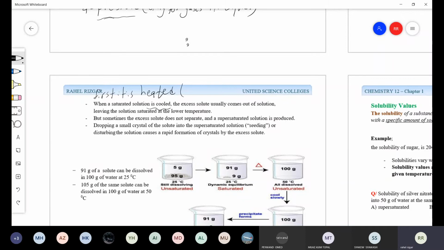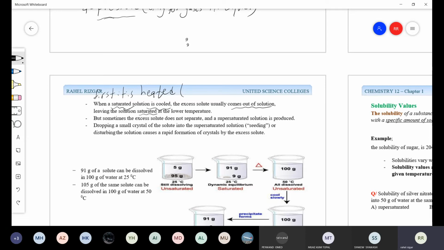So if it's heated and it's saturated, it means that it contains a lot of solute. And when it's cooled, the excess solute usually comes out of the solution, leaving the solution saturated at the lower temperature.